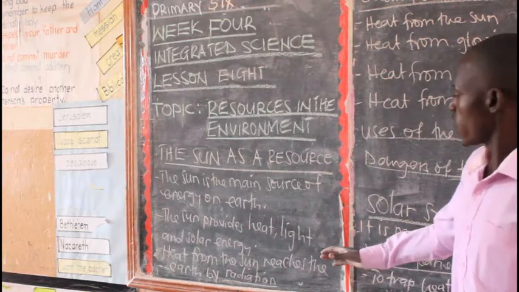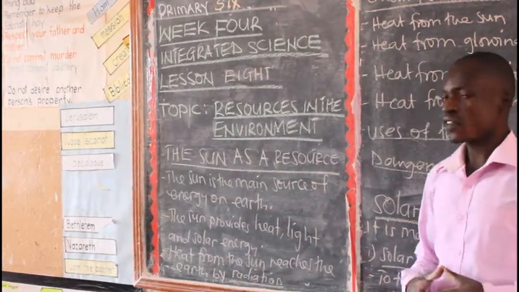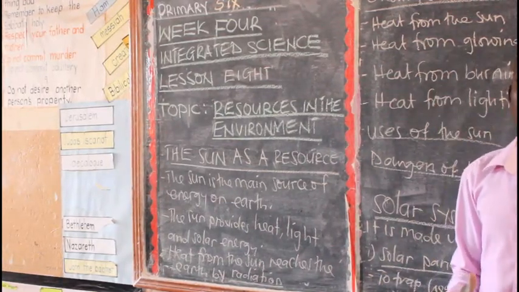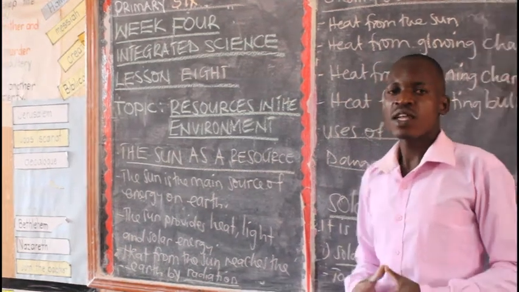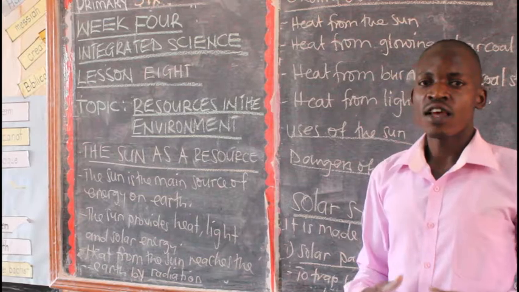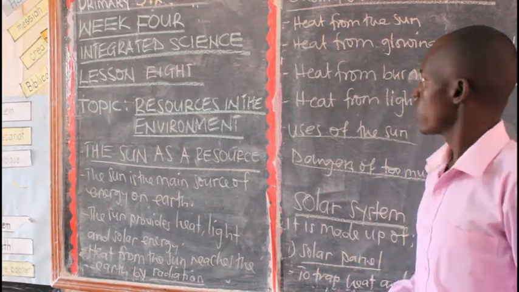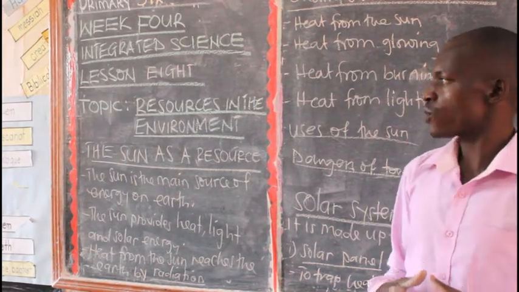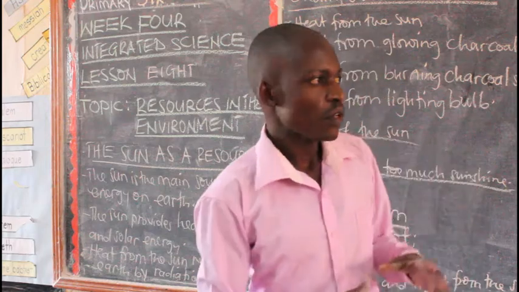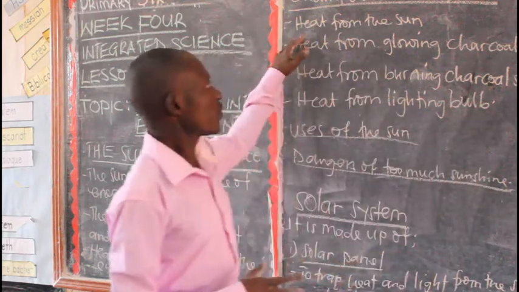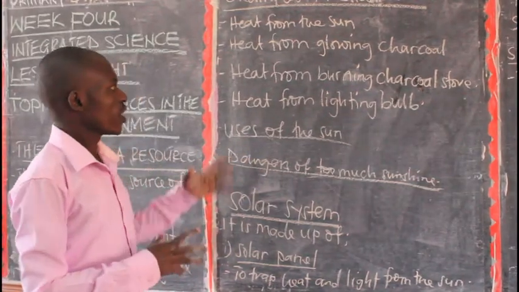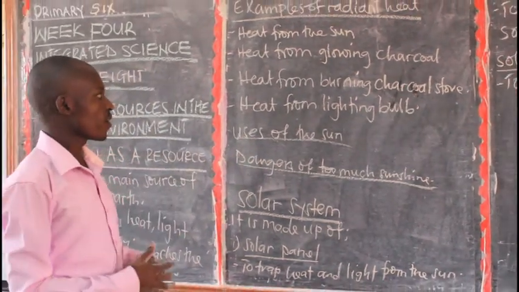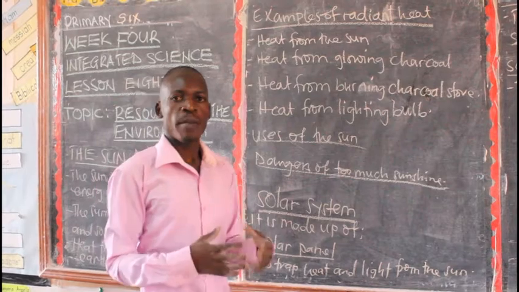Members, heat from the sun reaches the earth by the process called radiation. What are the examples of radiant heat? One, heat from the sun. Then we have heat from the glowing charcoal, heat from the burning charcoal stove, and heat from the lighting bulb.